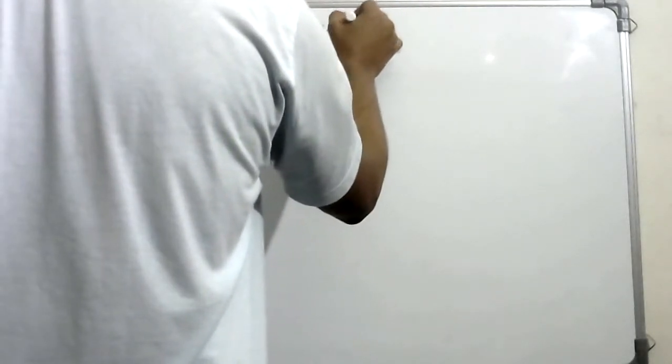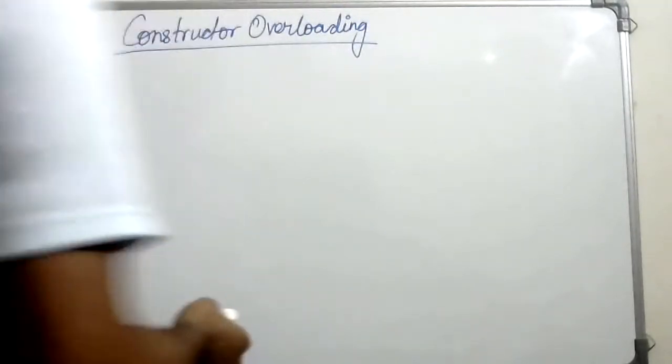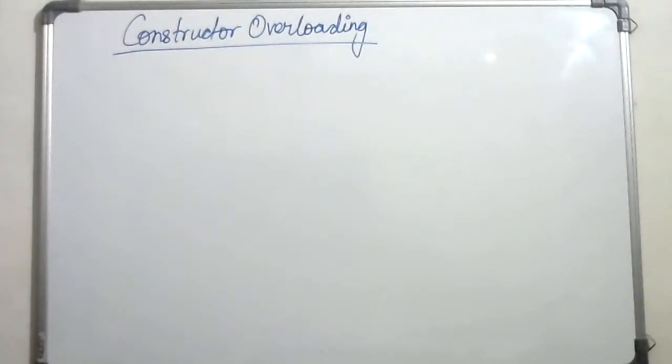So what was function overloading? If you remember, function overloading was same function name but doing different things. So multiple functions having the same function name but doing different things when they are called. Similarly, constructor overloading works in a similar way, except in case of functions, we could differentiate using the return type as well as the number of arguments and the type of arguments.